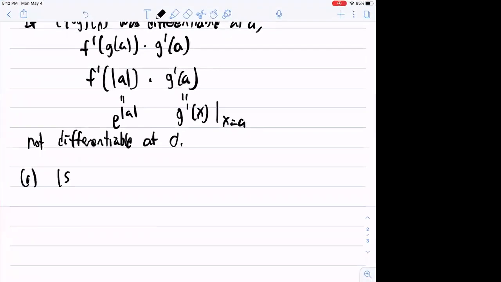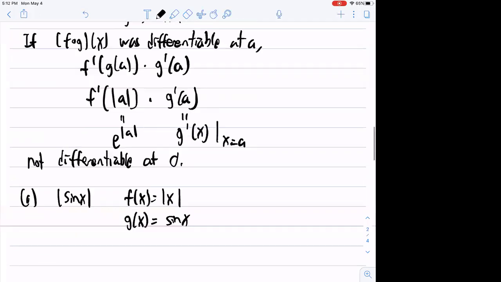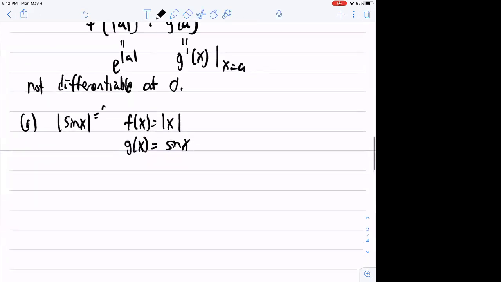So the absolute value of sine of x. Again, this is a composition of two functions, right? It's the composition where f of x is absolute value of x, and g of x is sine x. Again, this is f compose g of x.